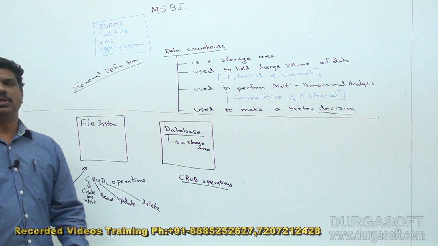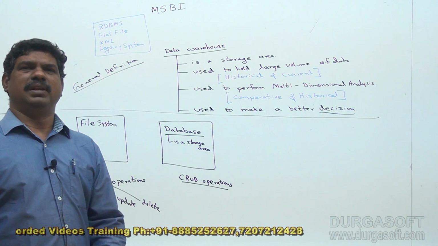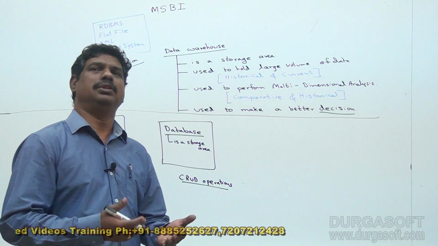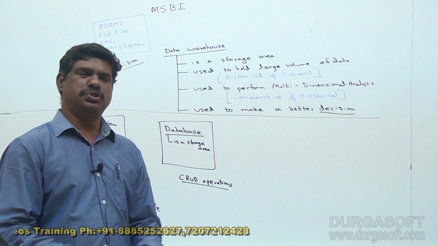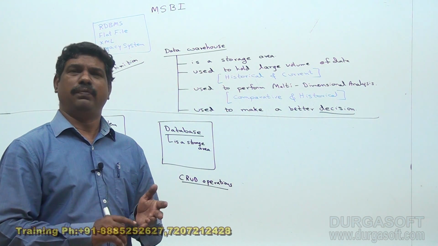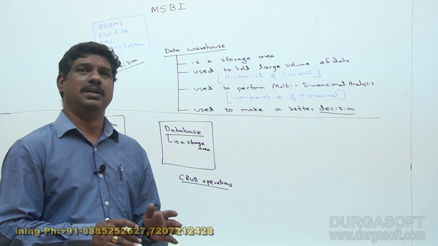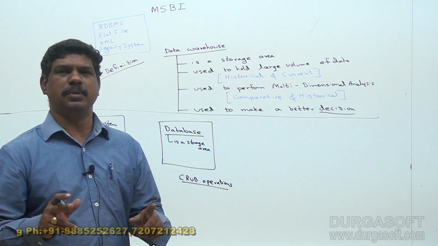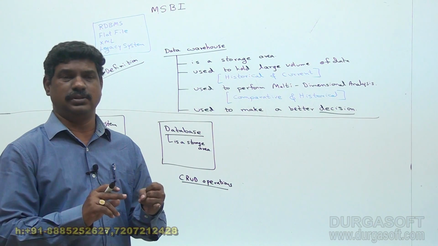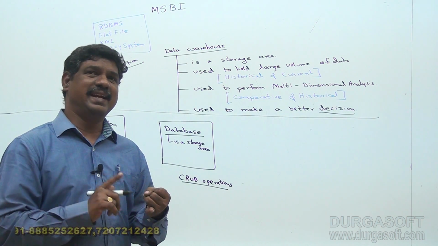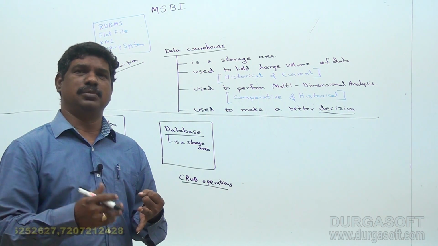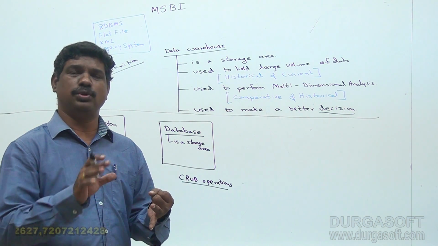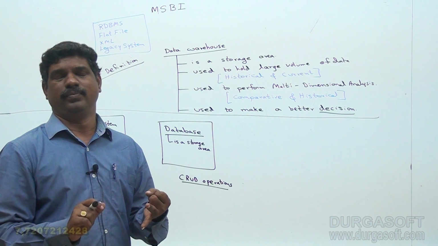Usually people give three types of reasons. First, a file stores less data while a database can store a huge amount of data. Second, security: a file system can be accessed by any person who has access to that system.